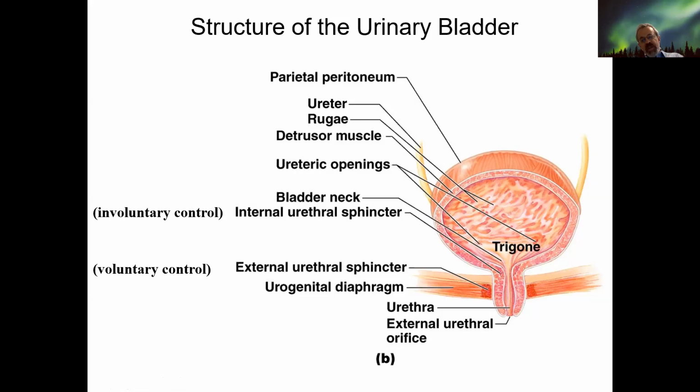So very similar to the anal sphincter, that when you have the sensation that you've got to go to the bathroom, this puts pressure and you'll start to see the relaxation of the internal sphincters. And then when you make that willful decision to go to the bathroom, you're on the toilet, that external urethral sphincter voluntarily will relax. So very similar to the concept that we saw with the anal sphincters.